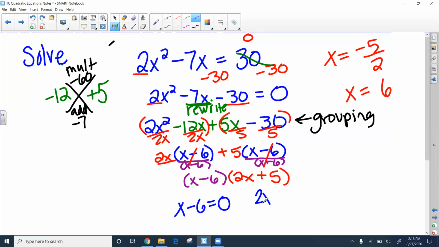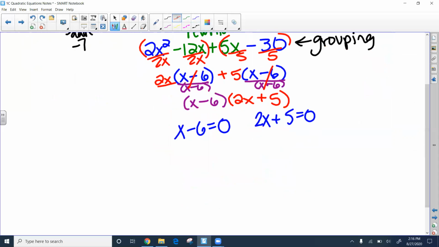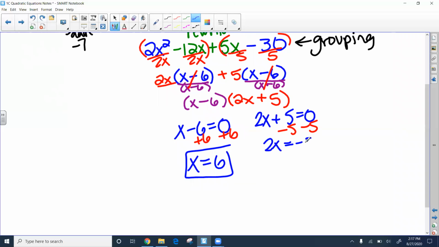And I would set the 2x plus 5 equal to 0. Okay, so set each factor equal to 0 and then solve. So add 6 to both sides on this one, and so that's where we get x equals 6. And then on this one, subtract 5. So we have 2x equals negative 5. And then divide by 2 to get x equals negative 5 over 2. Okay, there's where our two answers come from.